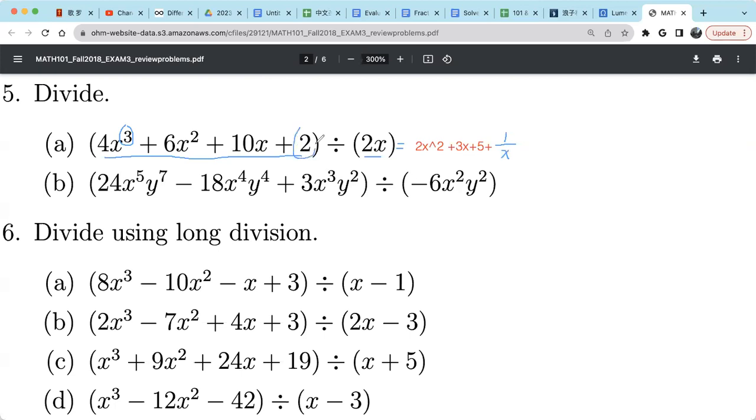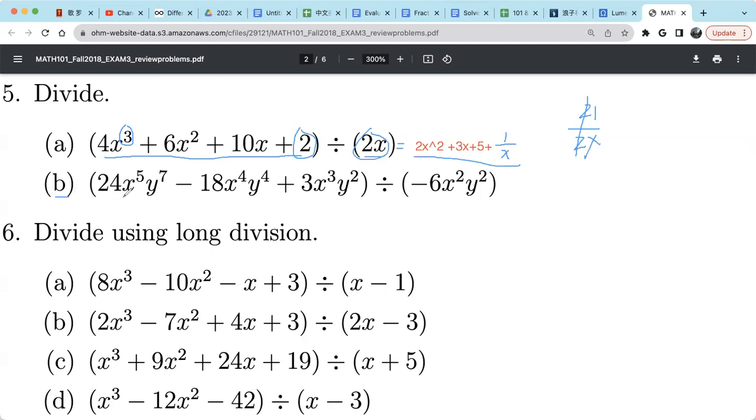So look at those two. 2 divided by 2x, that is 2 over 2x. 2 divided by 2 becomes 1, but we have to write 1 on top of it. Sometimes in the numerator, we may have other factors, so 1 multiplied by other factors will be other factors. But here we have no other factors, so we have to put 1 here. So 1 over x. So this is the answer.